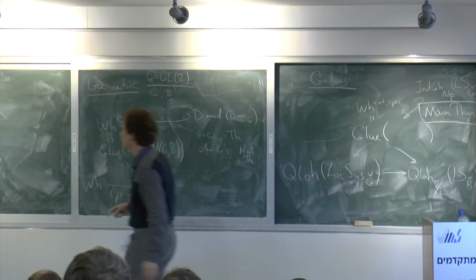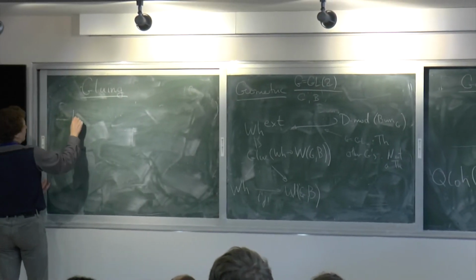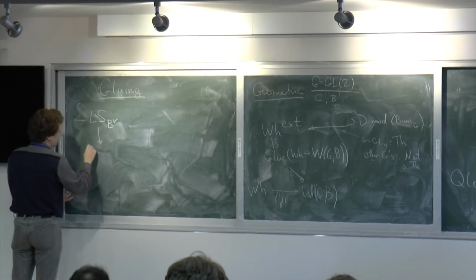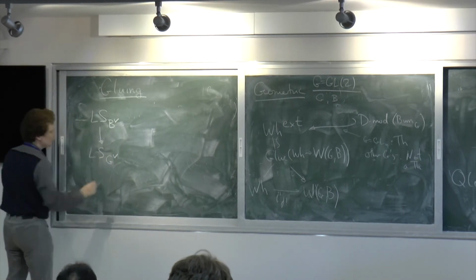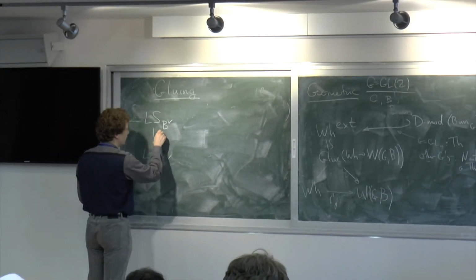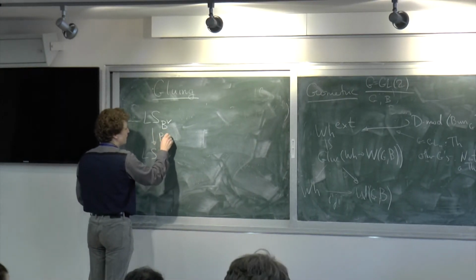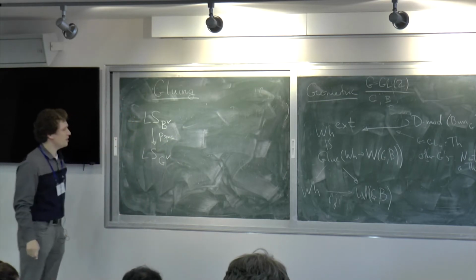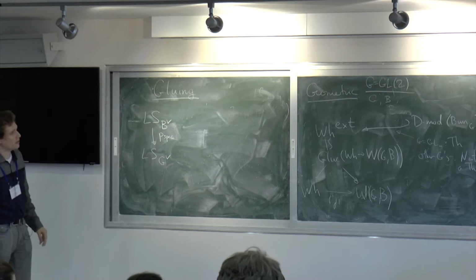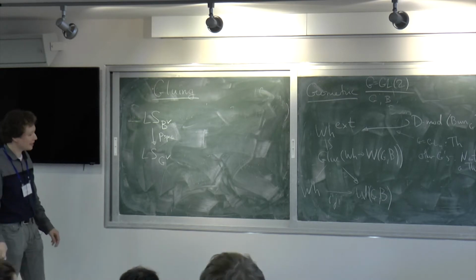This is the good news. There's the space of local systems of B check and the space of local systems of G check. And there's an arrow relating the two, which I'll denote by P sub spec to remind us that we are on the spectral side of the Langlands correspondence.